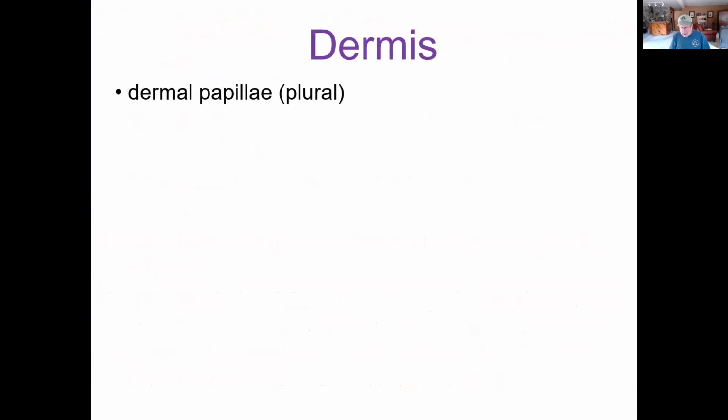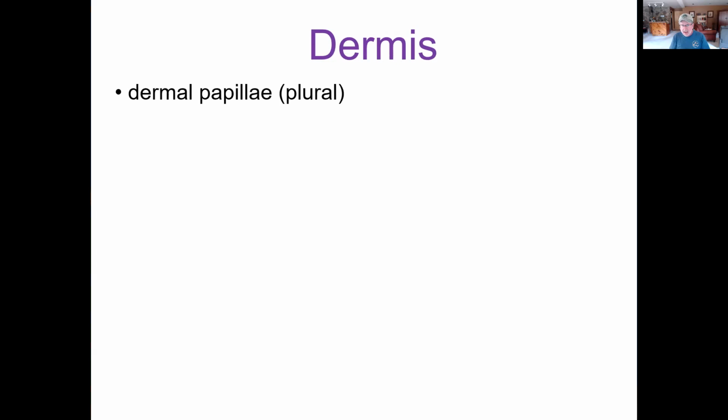Okay, we'll now move down into the deeper dermis. We've already talked about the dermal papillae, those finger-like projections, remember, that we said could house perhaps Meissner's corpuscles, those very sensitive sensory receptors, or some dermal papillae could house blood capillaries.